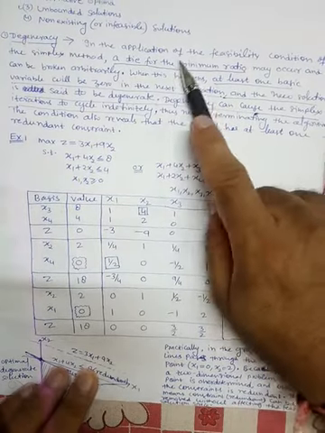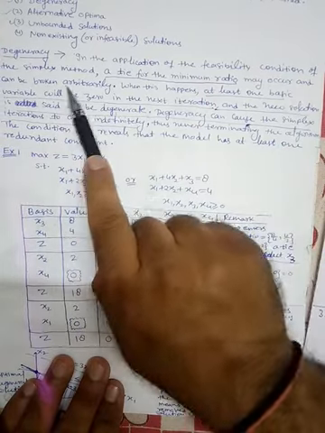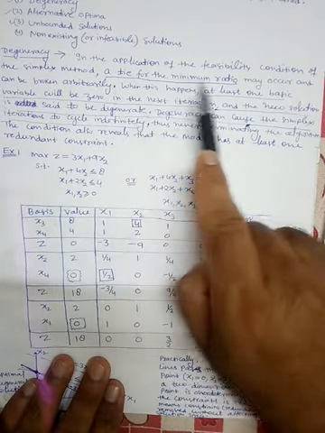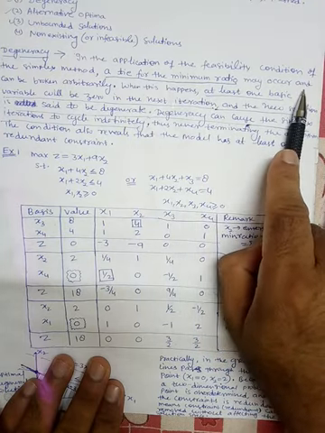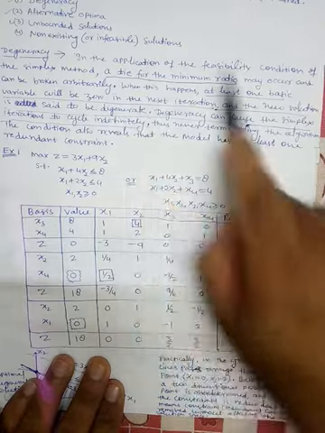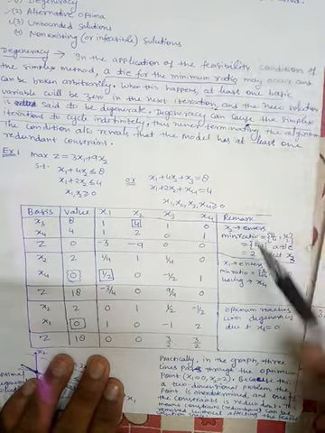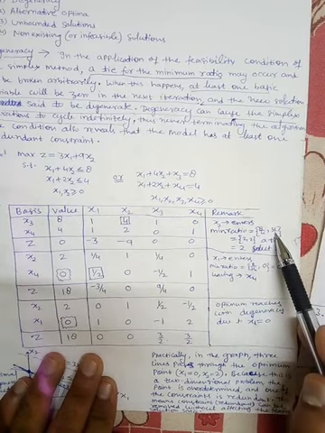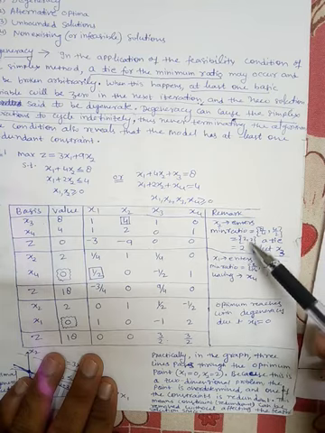In the application of the feasibility condition of the simplex method, a tie for the minimum ratio may occur. Whenever we find the minimum ratio, we get a value, but sometimes we have a common value.